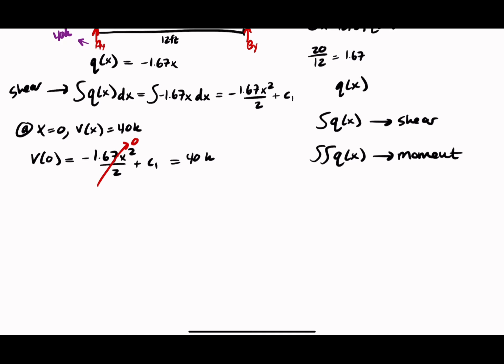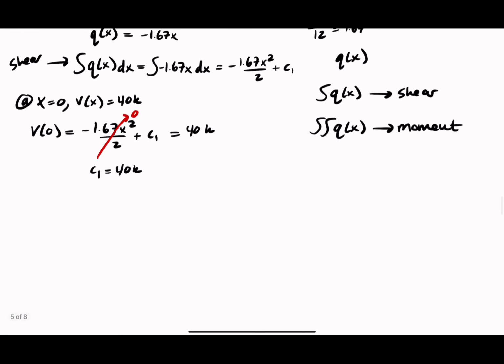So we know that C1 is equal to 40 kips. Well, great. So now we know our full V(x) equation is equal to negative 1.67 x squared over 2 plus 40.